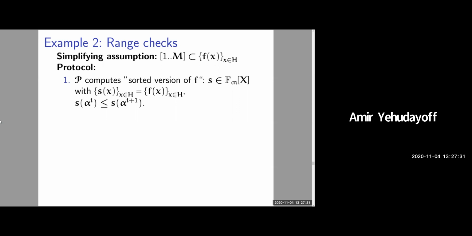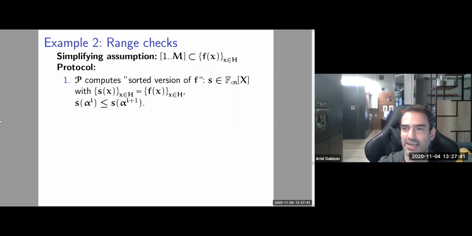Can you explain? Is it an arbitrary set of size m? You want a concrete set of size n? So the field is some prime field, where I'm thinking of the elements being from 0 to p minus 1.